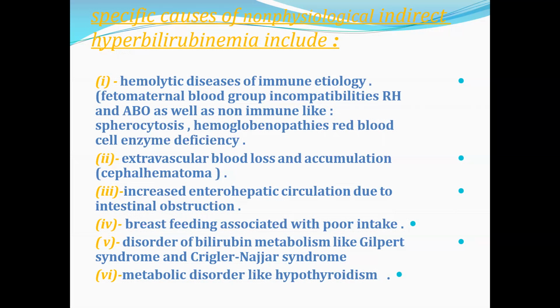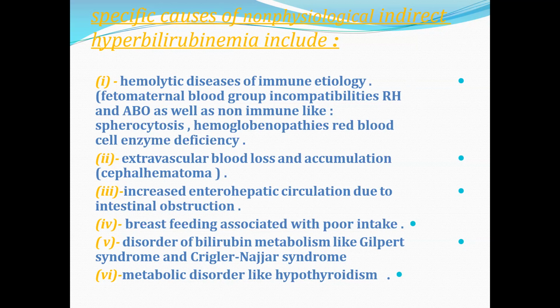Breastfeeding, of course, associated with poor feeding, is an important cause of jaundice. Disorders of bilirubin metabolism like Gilbert syndrome and Crigler-Najjar, important. Metabolic disorders like hypothyroidism.